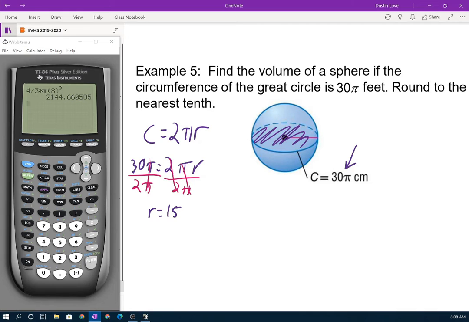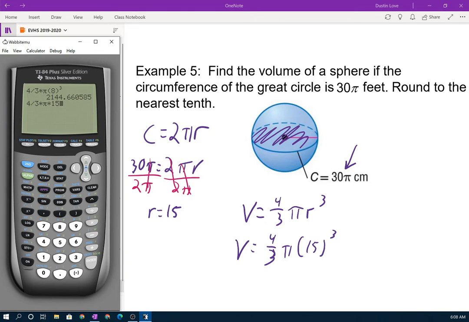Now, I'm going to jump into my volume. 4/3 pi r cubed. 4/3 pi times 15 cubed. 14,137.2 centimeters cubed.